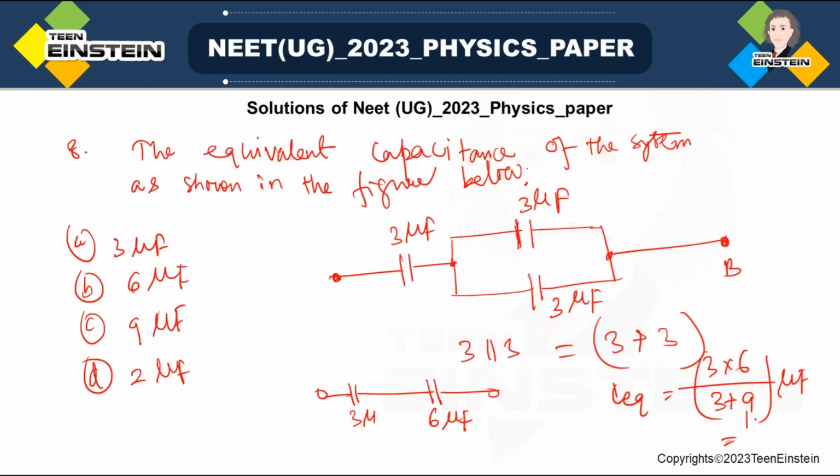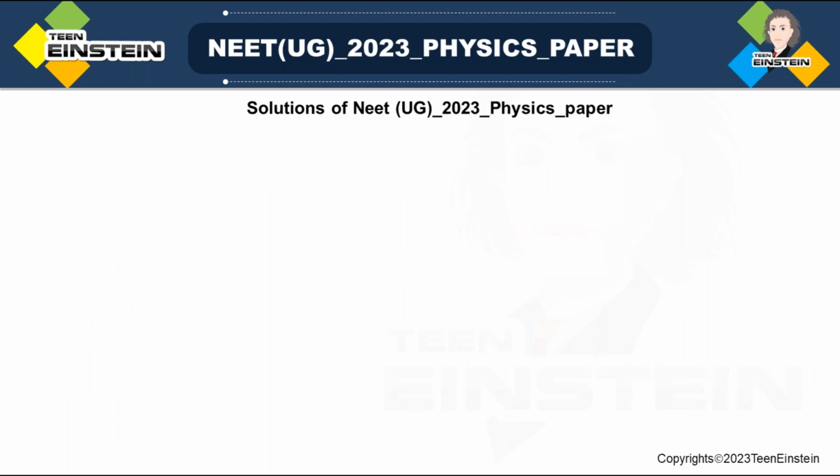So this is 18 by 9, so it is actually 2 microfarad. So here D will be the correct option. Nothing to say too much about the combination of the capacitor. Okay, we'll move on to another problem.